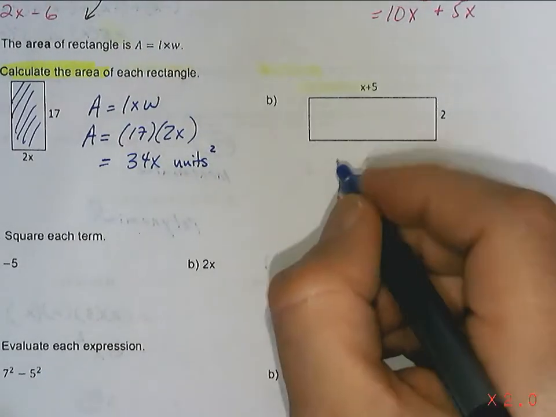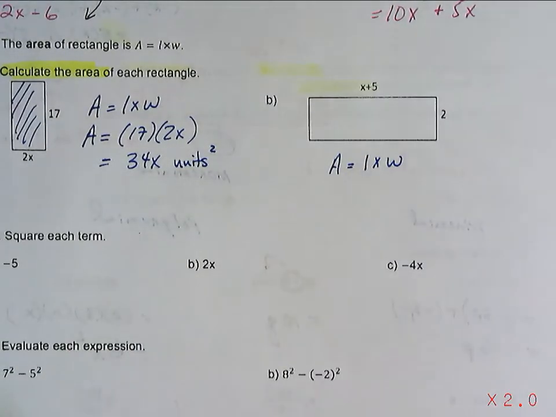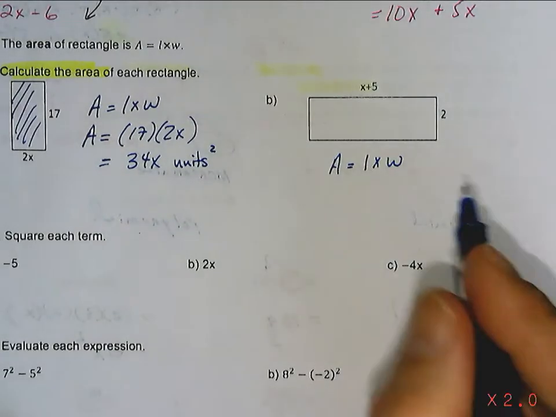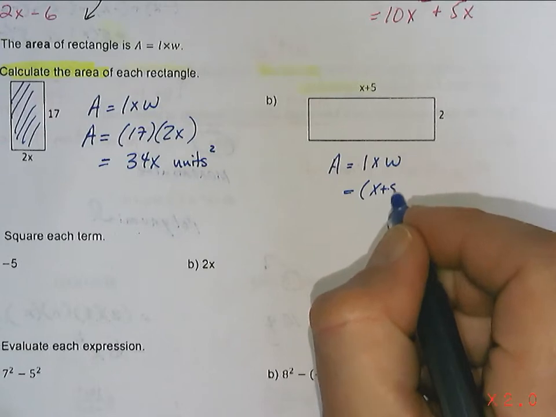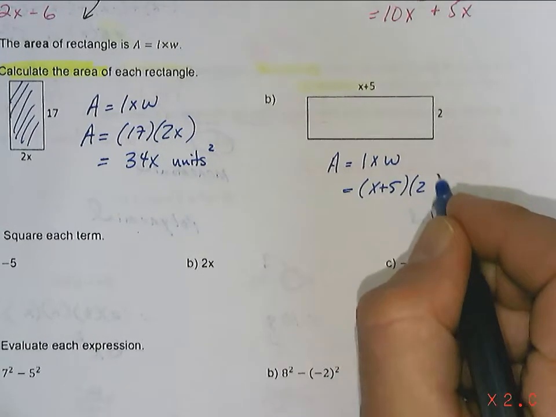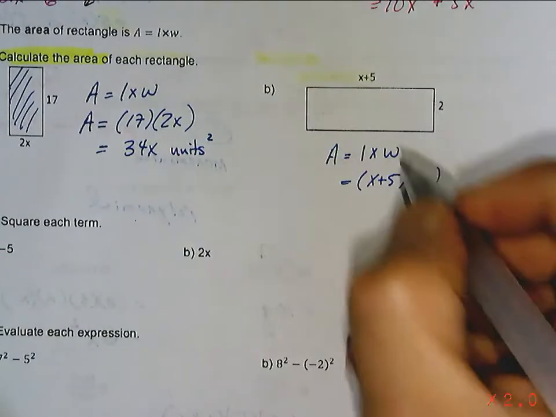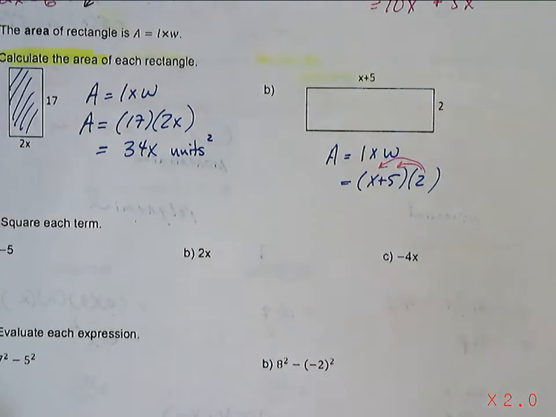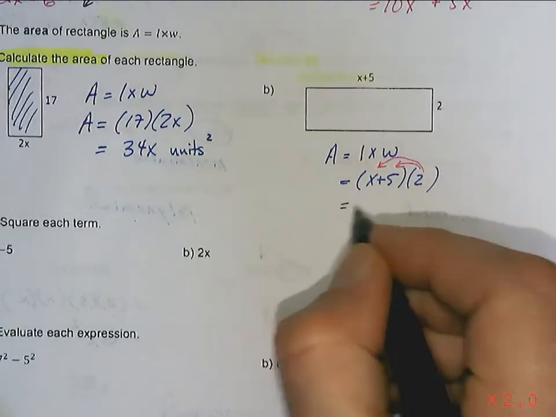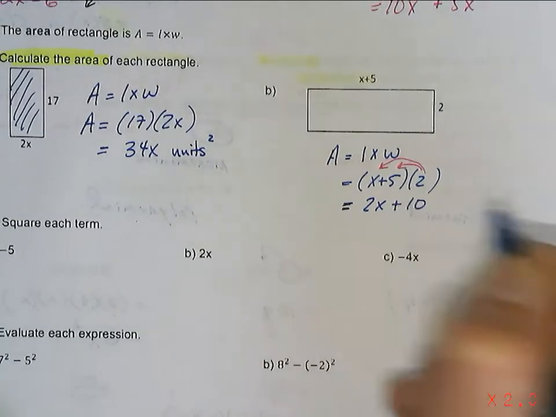Well, this one over here is also the area of a rectangle. Area is given by length times width, which gives us, we'll take x plus 5 to be my length. We'll take 2 to be my width. Now that's set up differently than the ones that we've seen, but it certainly can be done. You take the 2 and you multiply it by everything inside the brackets, and we end up with 2x plus 10.